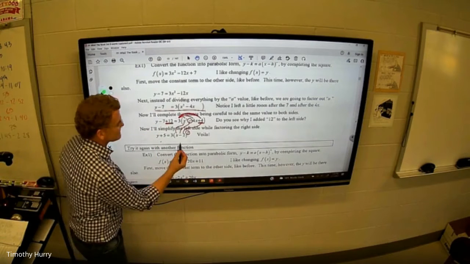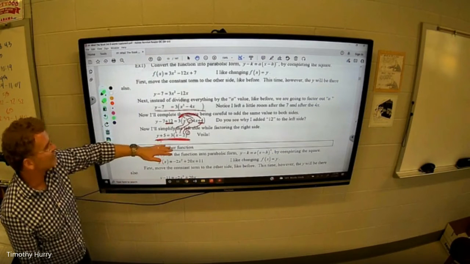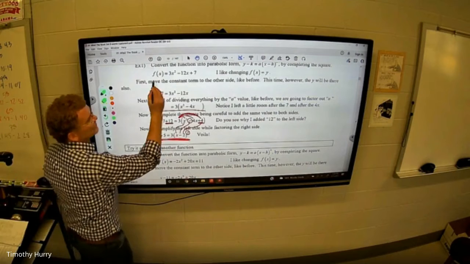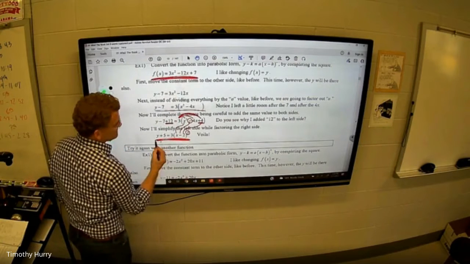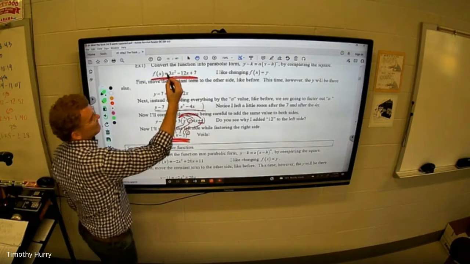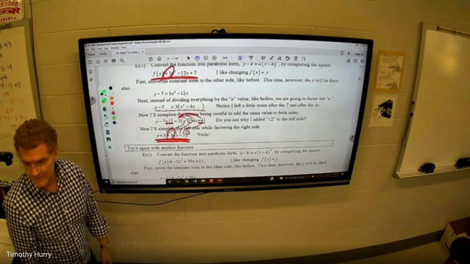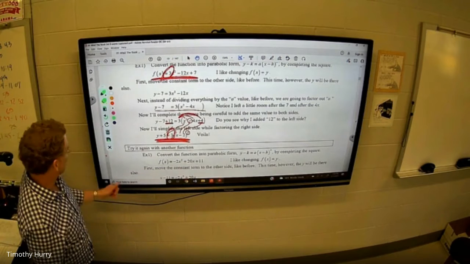I've got my function now in parabolic form. And again, when you look at these 2 things, what are the only things they have in common other than x and y? Your a term remained unchanged. And that was the reason I'm pointing that out.